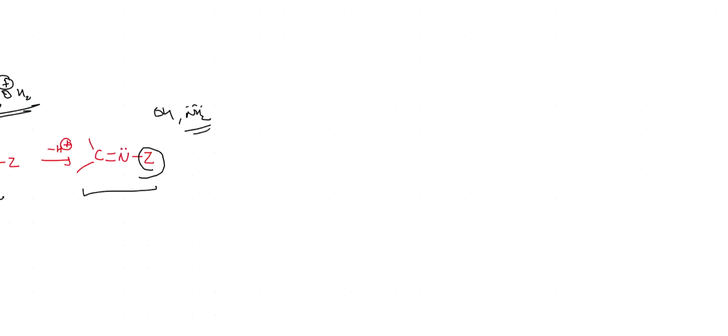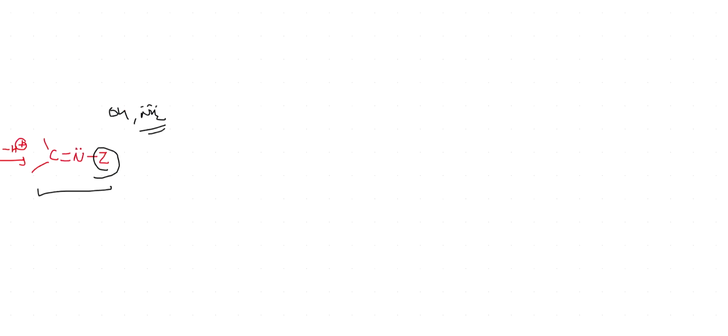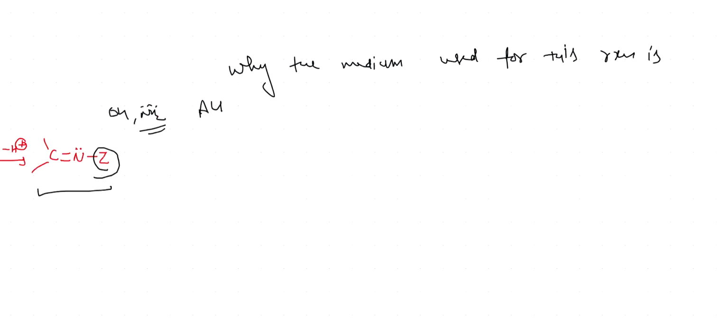Why is the medium used for this reaction acidic? That is pH 3.5. Okay. So you cannot use too acidic a medium also, because the ammonia derivatives, being basic in nature, will form their ammonium salt.